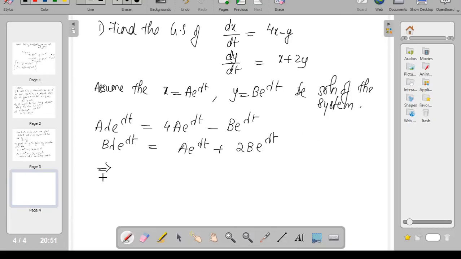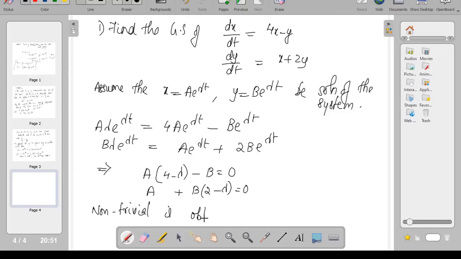So that will give us a into 4 minus lambda minus b equal to 0, and a plus b into 2 minus lambda equal to 0. So a non-trivial solution exists if the determinant is equal to 0.